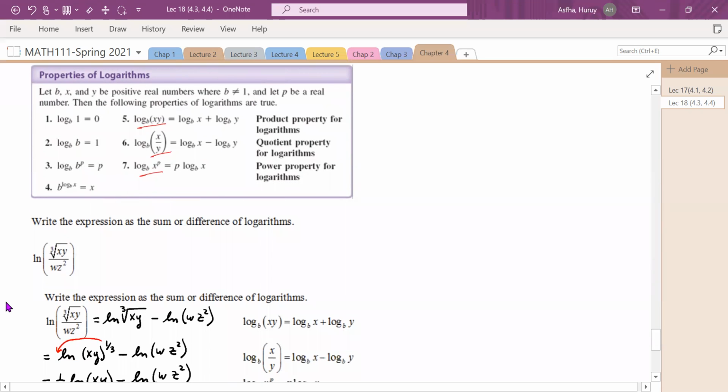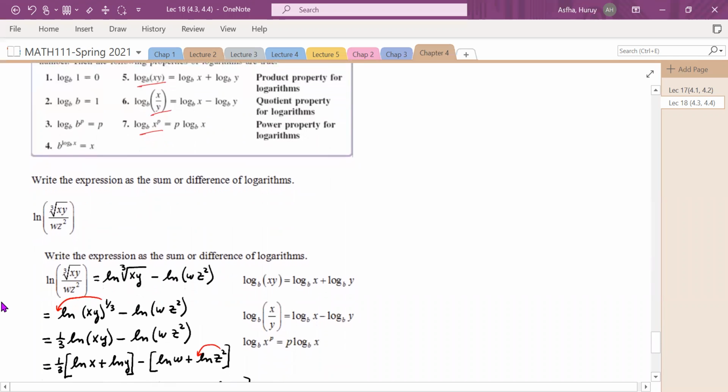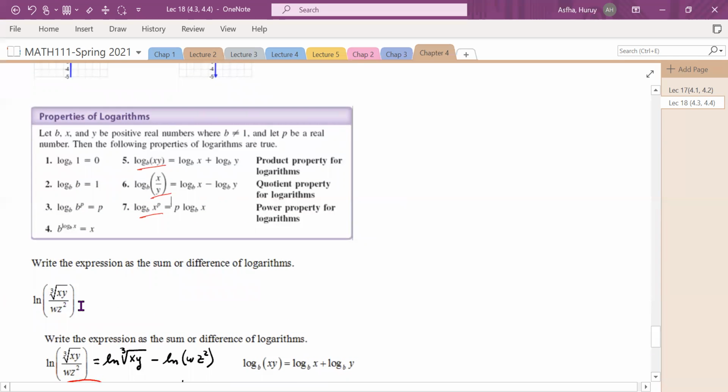So let's say we have this expression right here, and we wanted to write this one as a sum or difference of logarithms. So let's do this one.